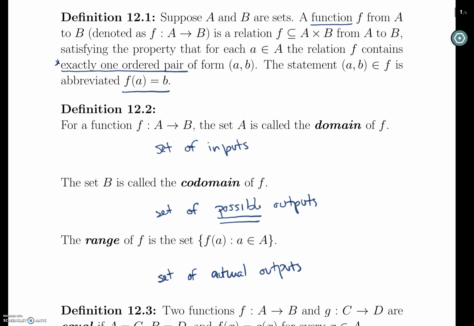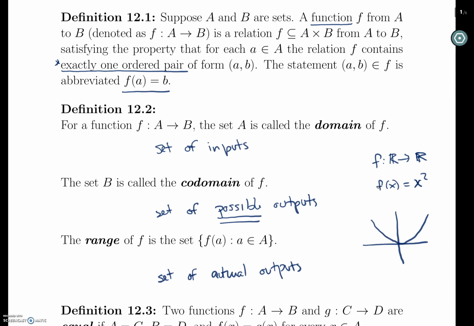So if we think about a common function, let's consider, say, the function f, which maps the real numbers to the real numbers, defined by f(x) = x squared. Well, in this case, we know the graph looks like this. So we know it is a function. It's going to satisfy that vertical line test.